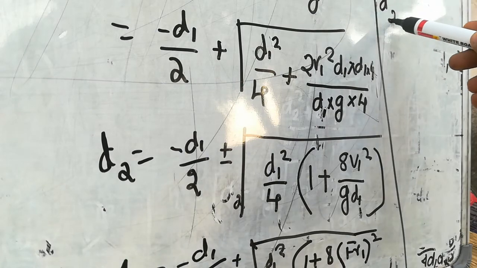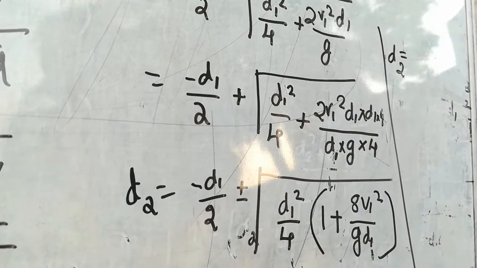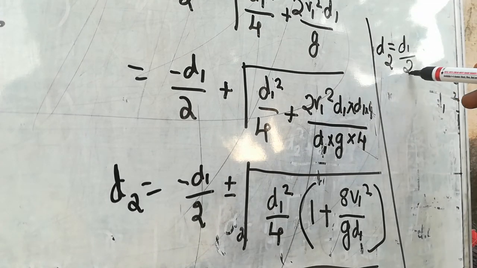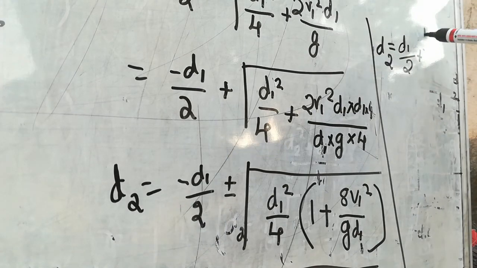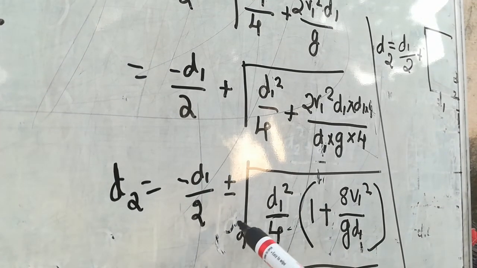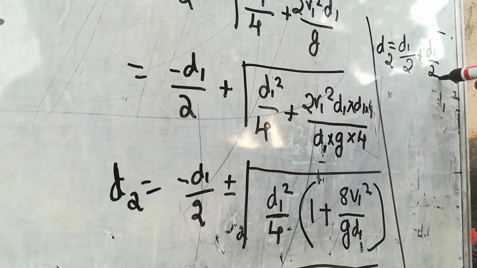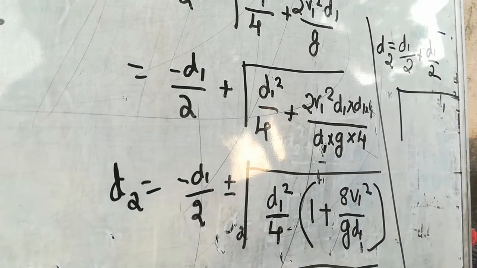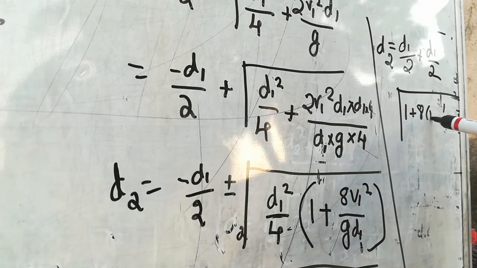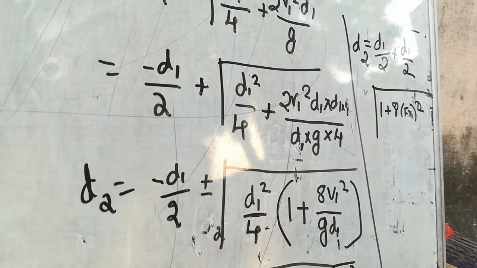So d2 is equal to minus d1 by 2 plus, and bringing d1 square by 4 outside, it becomes d1 by 2 and inside the root 1 plus 8 Froude number 1 square.